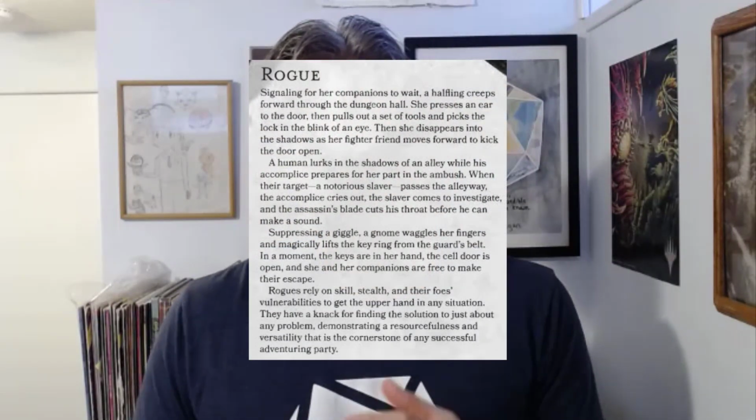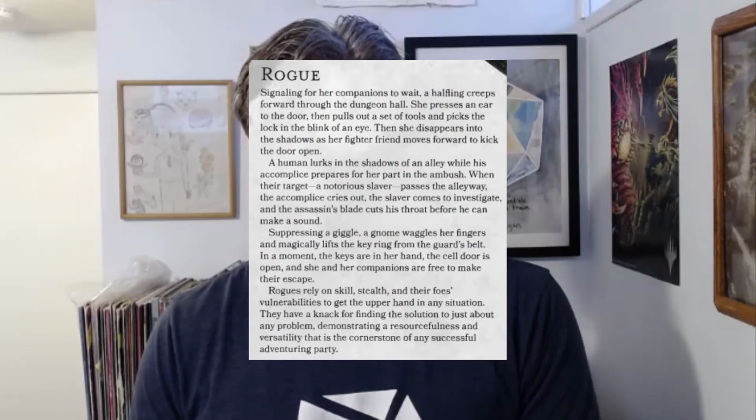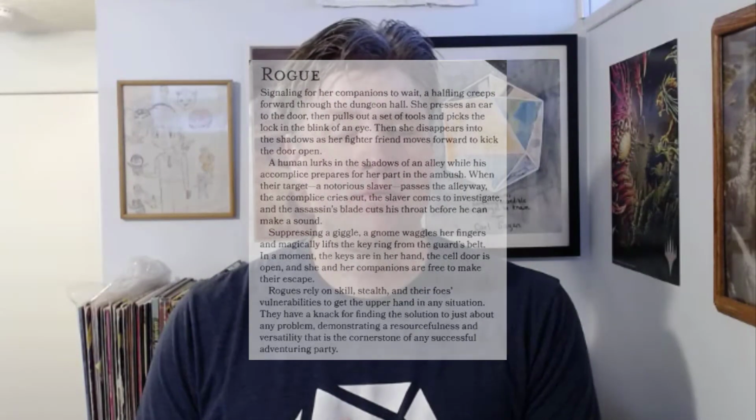I realized that it fit well with the classes that our other players were doing, because we didn't seem to have a high damage type dealer. I'd also be able to use a lot of these skills that would hopefully help us in the adventure, like pickpocketing or lockpicking or trap disarming and things like that, sneaking around, that type of thing. And then finally, I haven't played a rogue in a long, long time.